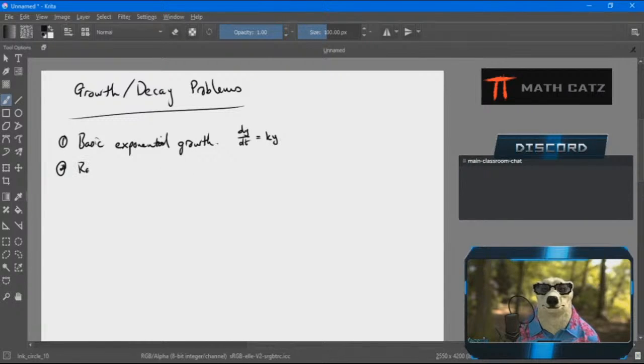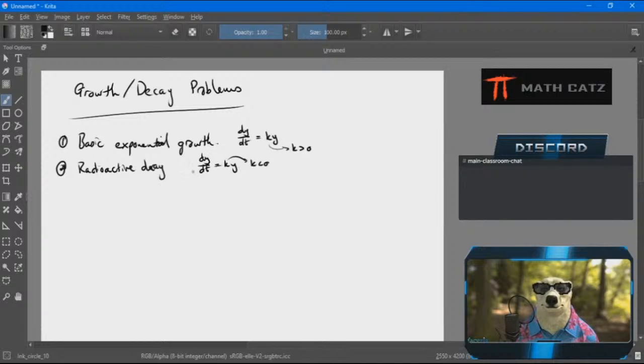Then we had a look at radioactive decay problems, where we saw that the differential equation looked exactly the same, except we were going to go down. K was negative in this case. K is positive in this case. Positive growth constant. K negative decay constant.